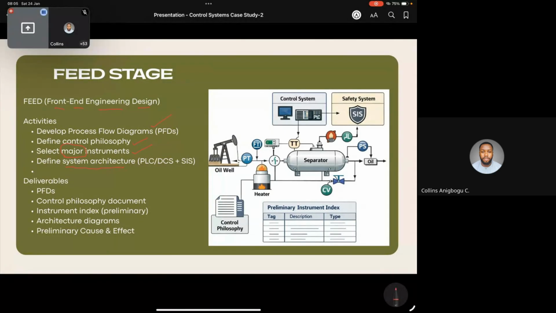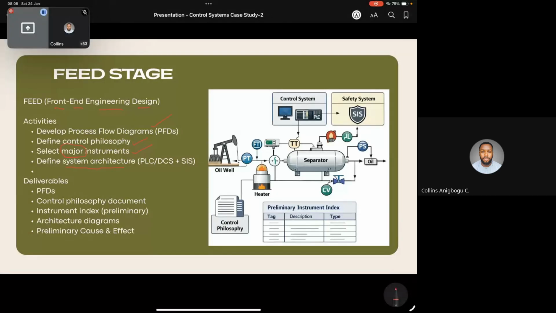Now, we've been having this discussion as if it's only the control systems engineer that works in building a plant. But in actual fact, there are so many other disciplines involved, right? The control systems engineer is one. The instrument engineer is another. Then we have the process engineer, right?